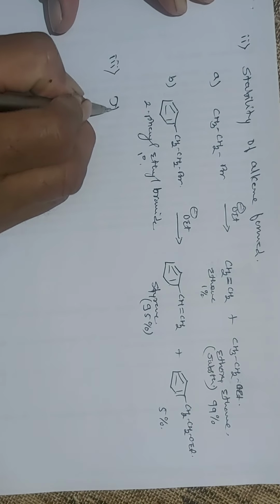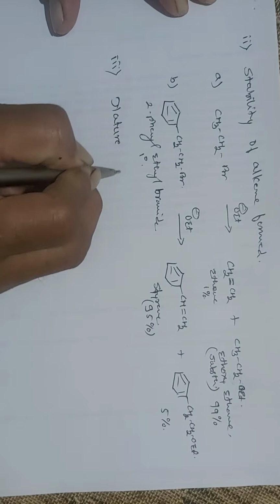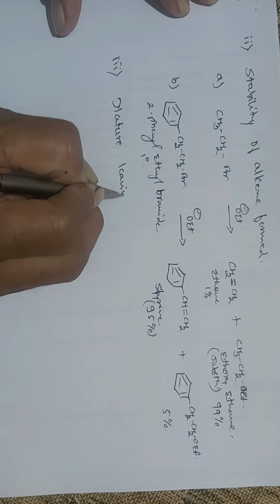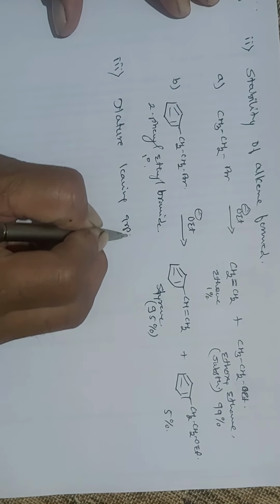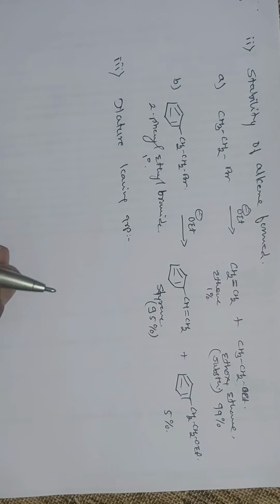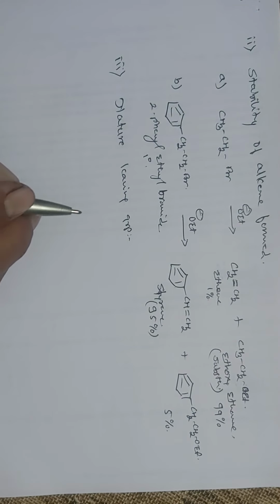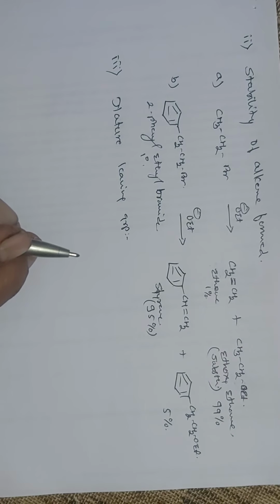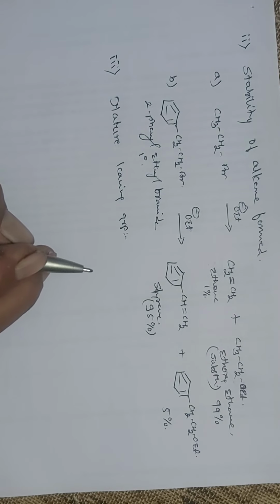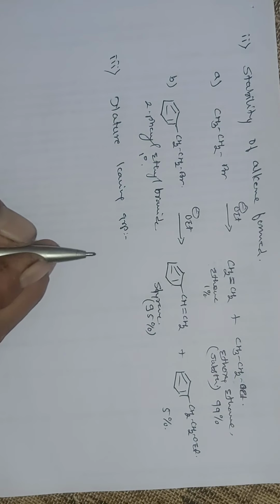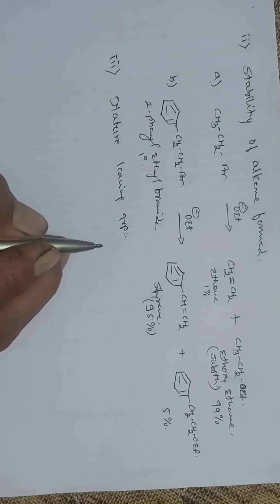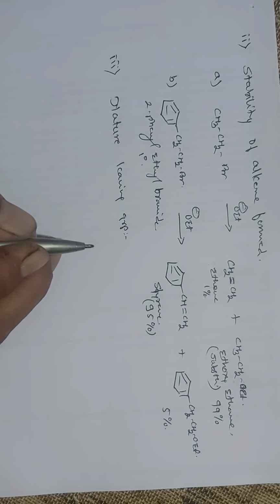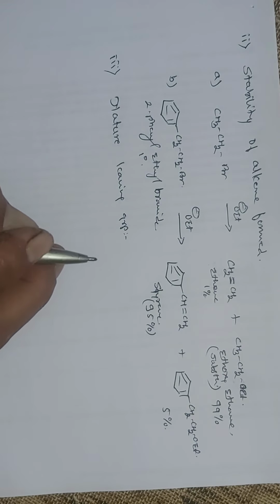Then the third thing is the nature of the leaving group. For elimination and substitution reactions, a good leaving group promotes both. But as the size of the leaving group increases, the elimination reaction is more favorable over substitution.